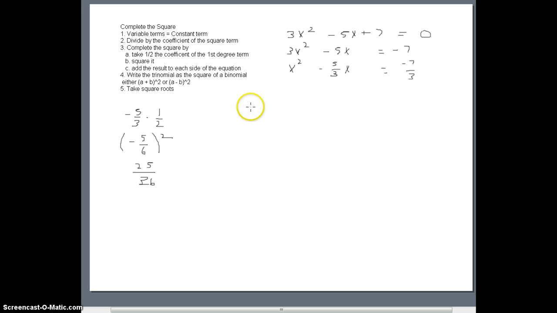Add the result to each side of the equation. Our result was 25/36.